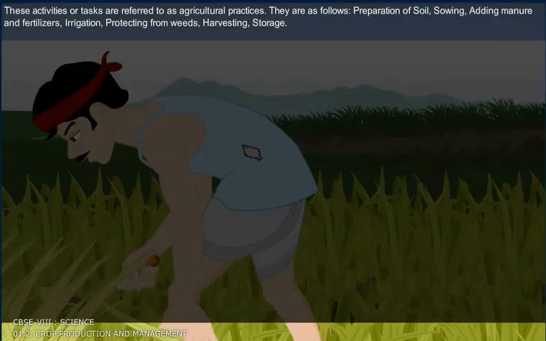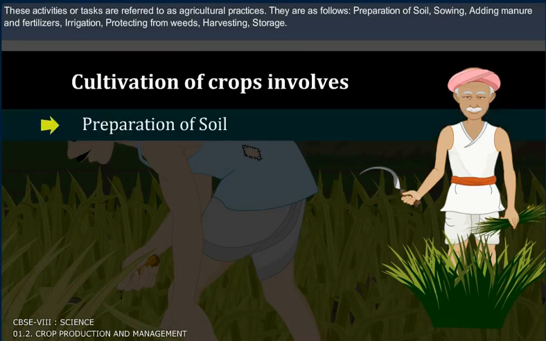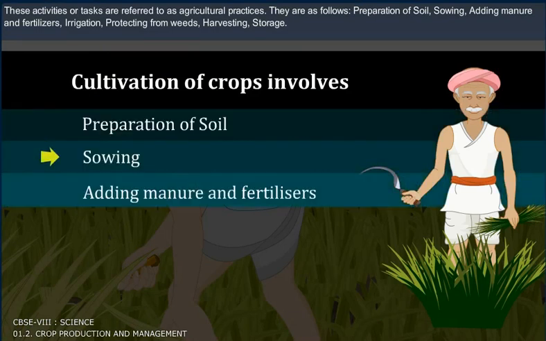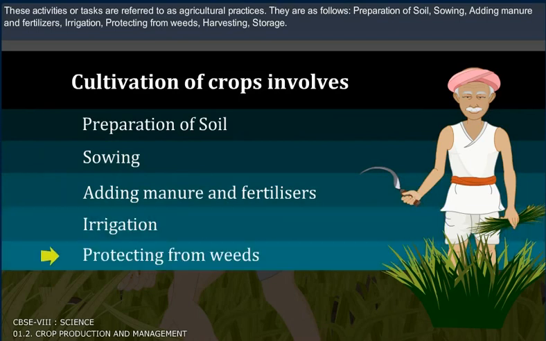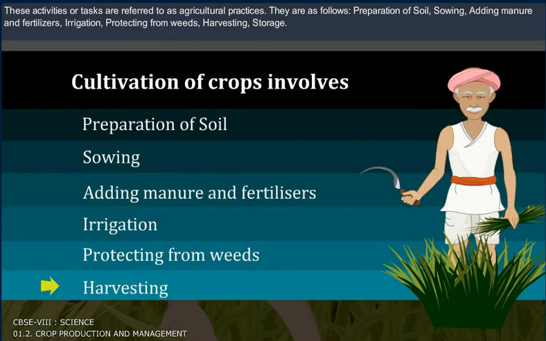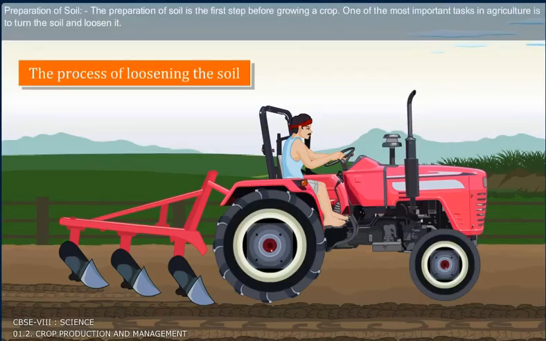These activities or tasks are referred to as agricultural practices. They are as follows: preparation of soil, sowing, adding manure and fertilizers, irrigation, protecting from weeds, harvesting, storage.